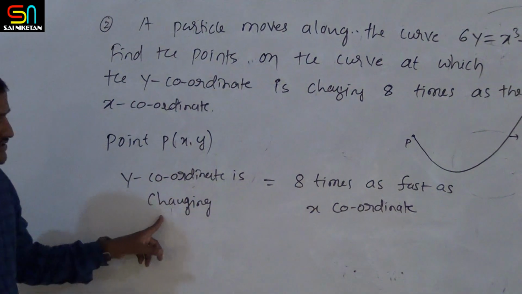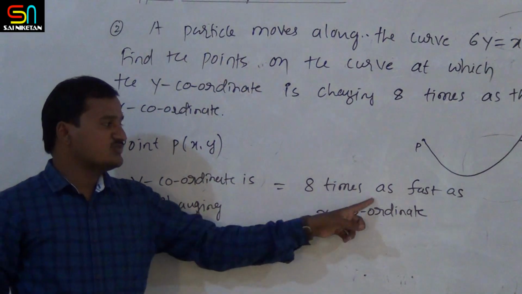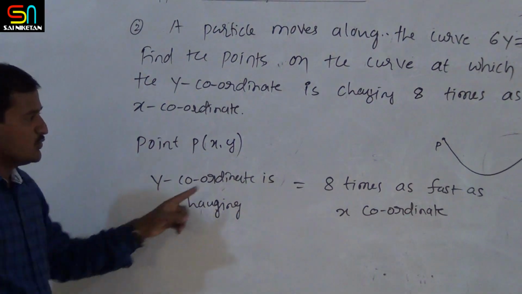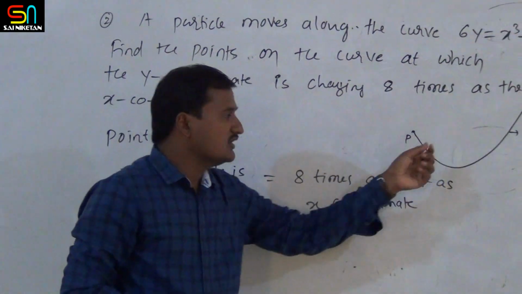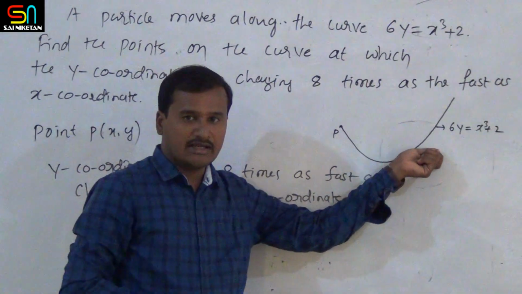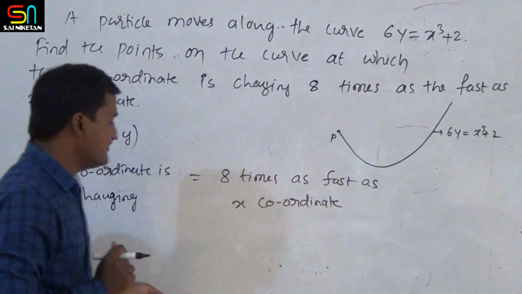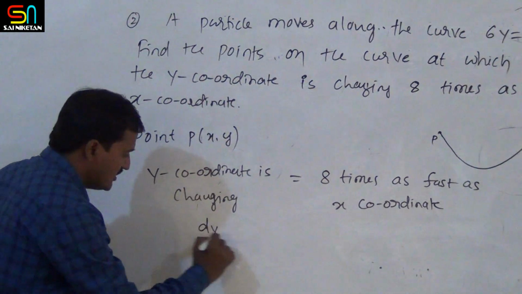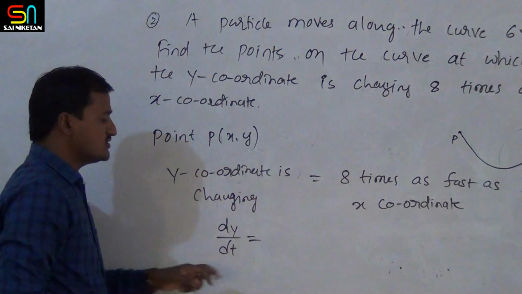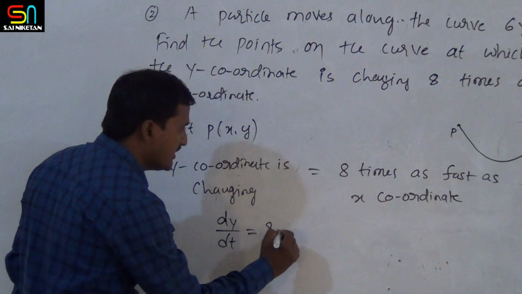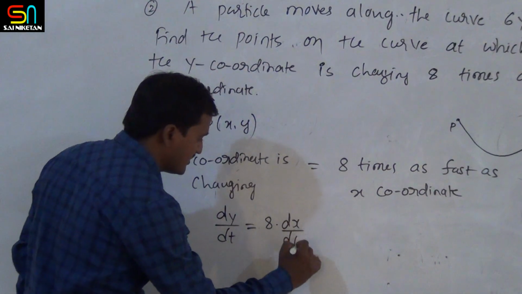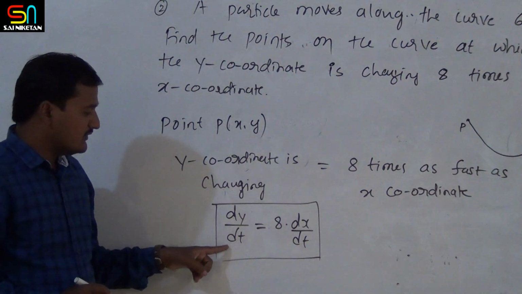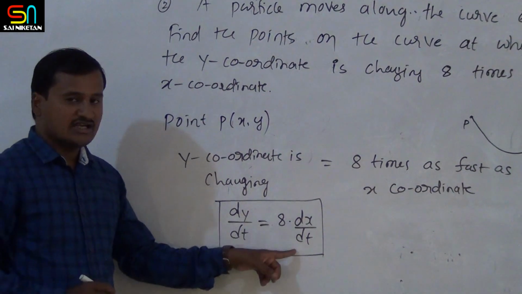Suppose the particle is moving along this curve, then there is a change in the position of the particle with respect to time. So clearly the y coordinate is changing with respect to time, hence it becomes dy by dt. So dy by dt is equal to 8 into dx by dt. That condition is dy by dt is equal to 8 into dx by dt.